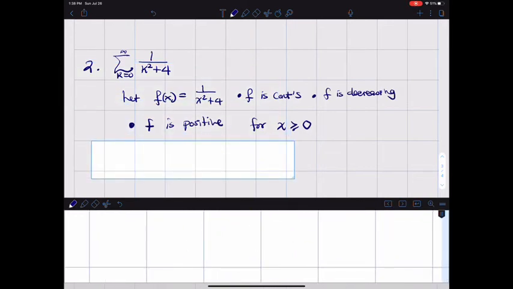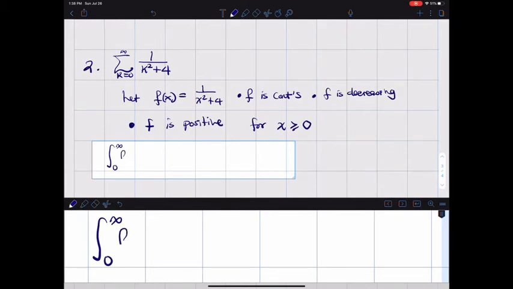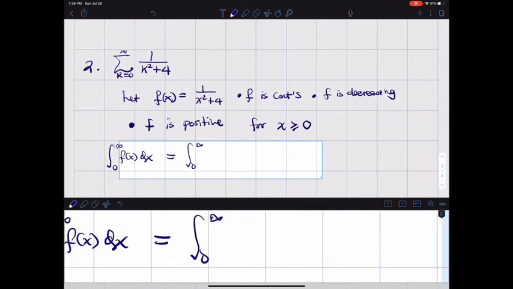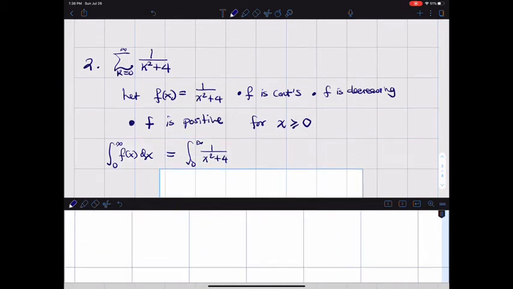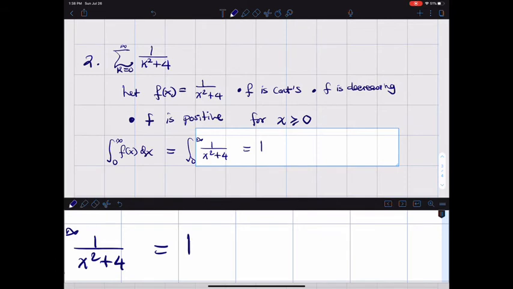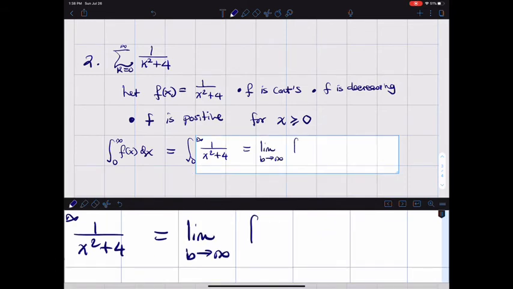Now let us try our integral from 0 to infinity of f of x dx, which is the integral from 0 to infinity of 1 over x squared plus 4. So we can see it as the limit as b goes to infinity of the integral from 0 to b of 1 over x squared plus 4 dx.